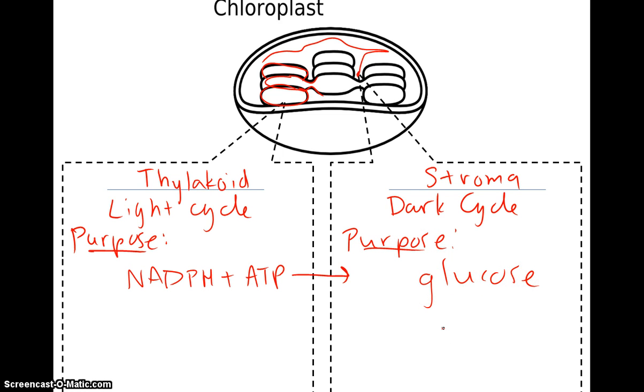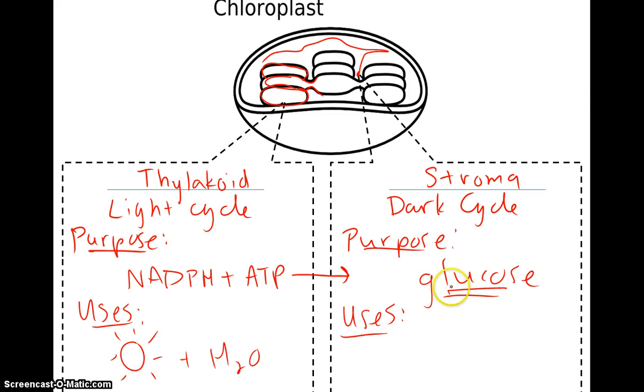So the light cycle makes NADPH and ATP, and that's going to give energy to the dark cycle to make glucose, which is what we want. All right, what is used in the light cycle? Well, we use sunlight, because it's the light cycle, and we use water. The dark cycle uses CO2, because remember, we need that carbon to make glucose.